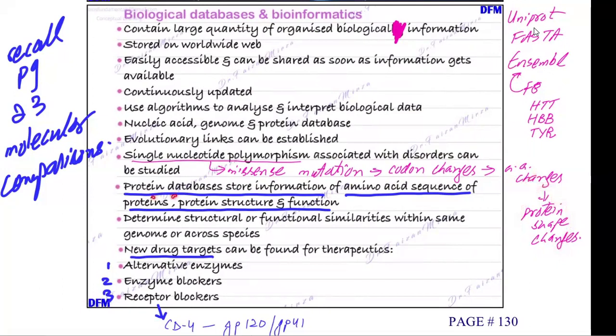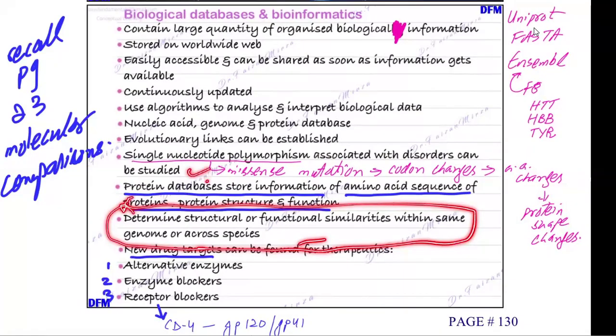The protein databases store information on amino acid sequences, structures, and functions. How is this applied? You can determine the structural and functional similarity within the same genome or across species. This can be applied in the treatment of disorders. For example, if an organism is suffering from a disease where the protein or enzyme is not functional, you can look for an alternate enzyme across different species using this database, one which catalyzes the same substrates.